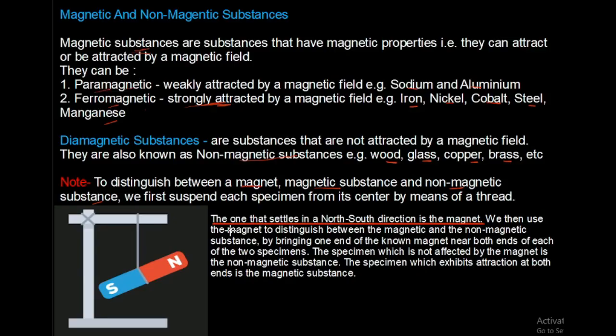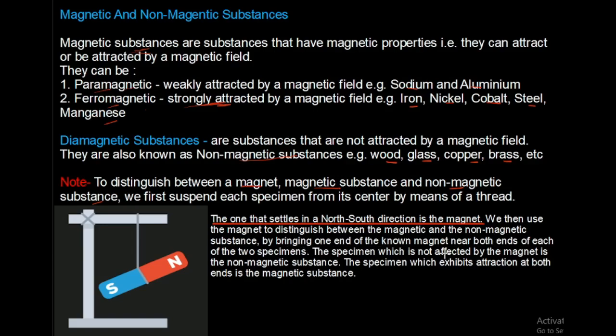First, we tie each specimen at the center, suspend them, and the one that settles in the north-south position is the magnet. We then use this magnet to distinguish between the magnetic and the non-magnetic substance by bringing one end of the known magnet near both ends of the other two specimens which we want to determine.